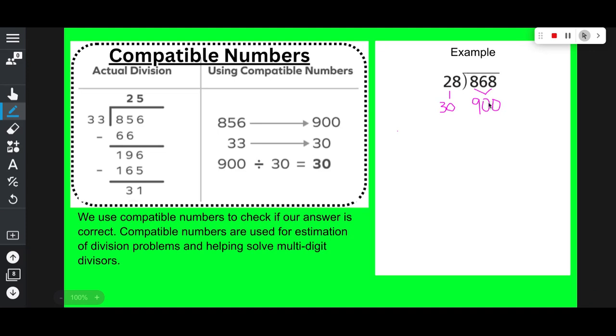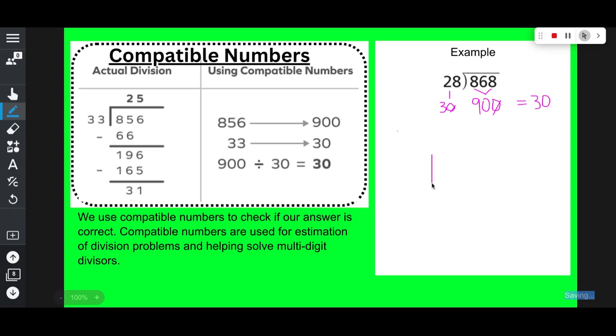If I did 900 divided by 30, I can cross out these zeros, and I find out that 3 goes into 90 about 30 times. So I know my answer should be around 30.